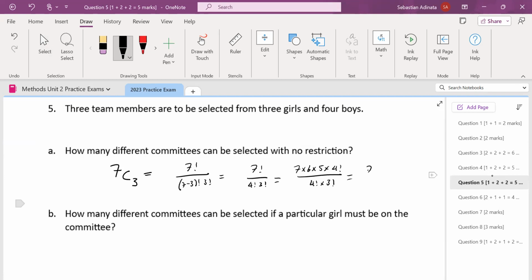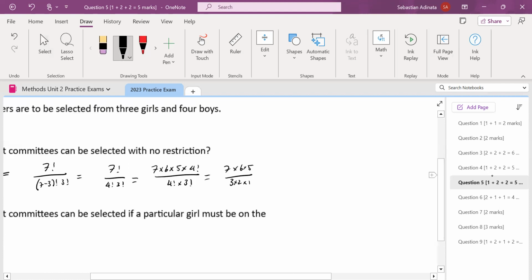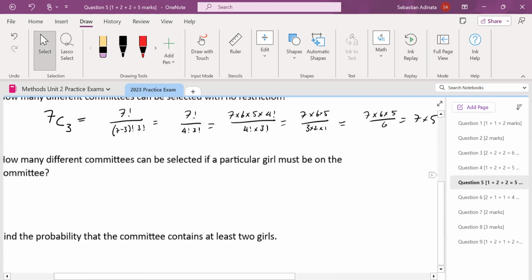Which is equal to 7 times 6 times 5 over 3 times 2 times 1. And this is 6, so there's a total of 35 committees.